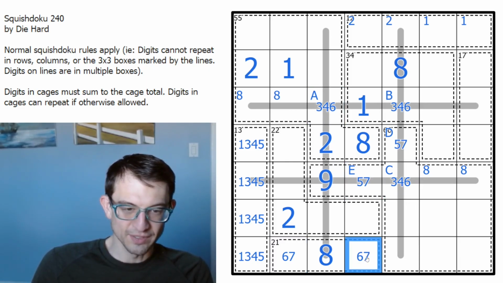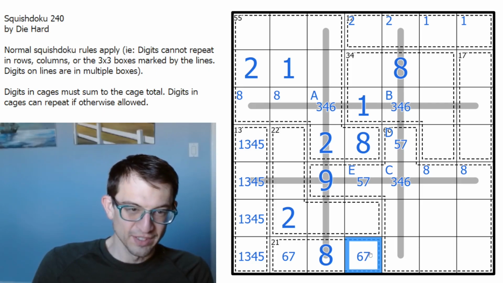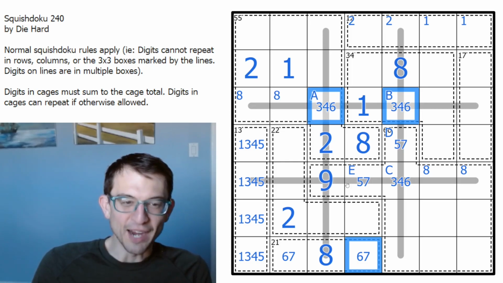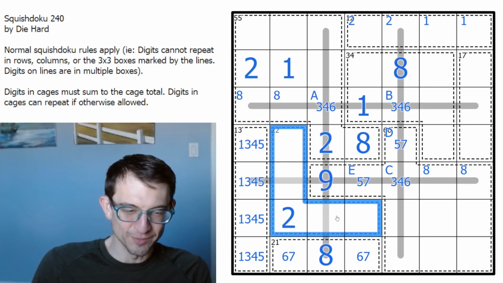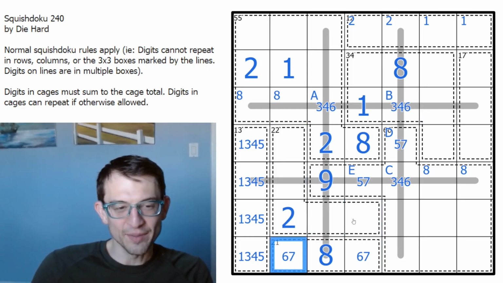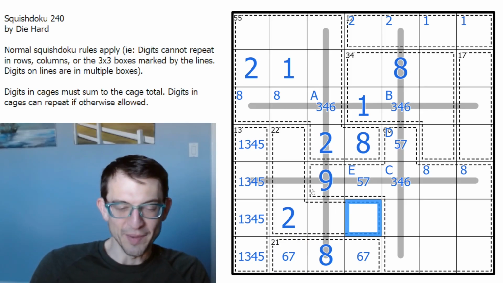Similarly with this cell, it's either 6 or 7. And it's not E or C because they share a box. So if it's 7, it's D. And if it's 6, it's either A or B. So that's a little bit of background knowledge to think about how to work through this cage. So how can I, so let me back up one step.